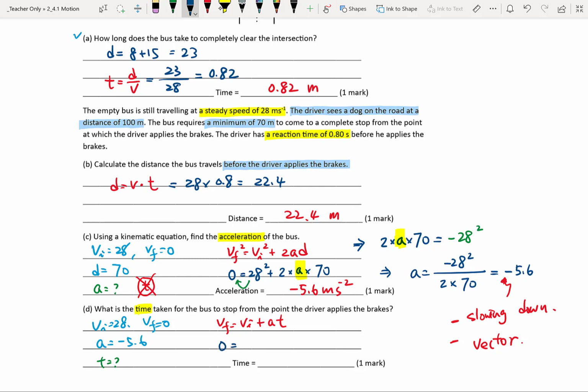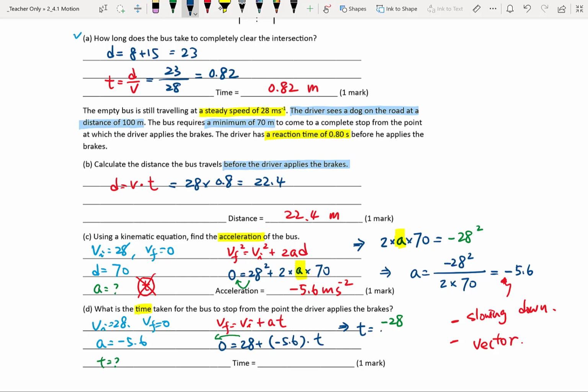And we put the numbers in. VF is 0, VI is 28, plus A is how much? Negative 5.6 times time. And you rearrange the formula. T equals, you move 28 to here, and it becomes negative 28.